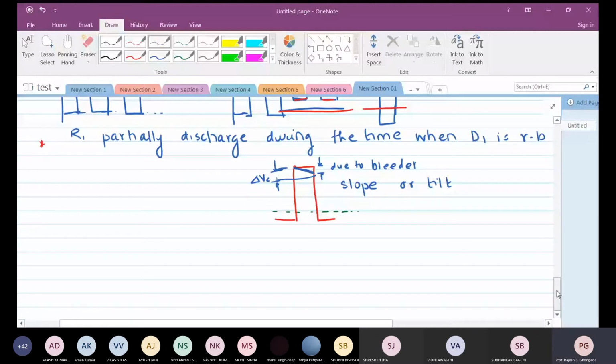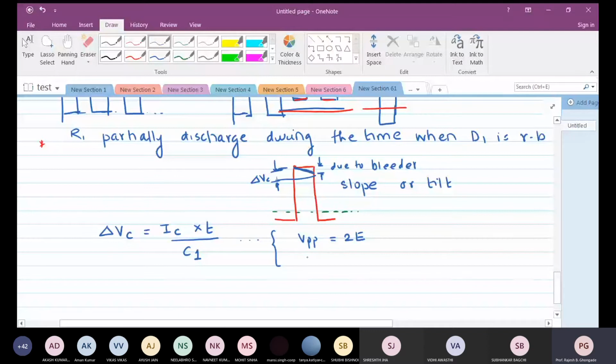We can use the constant current equation for charging and discharging to get delta VC as IC times T divided by the capacitor value C1, where the output peak to peak is 2 times E.